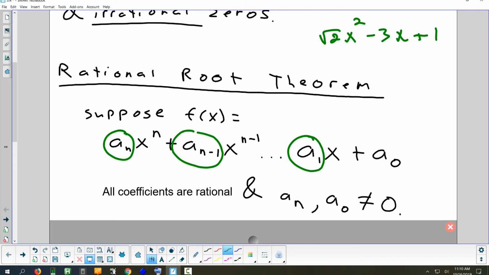Yes, that's a polynomial, but this theorem won't work. These numbers have to be fractions. I could make the second one a fraction if I wanted, but square root of 2 isn't. So the coefficients have to be rational, and the leading term in the front and the constant cannot be 0. And they won't be in any problem that I give you.